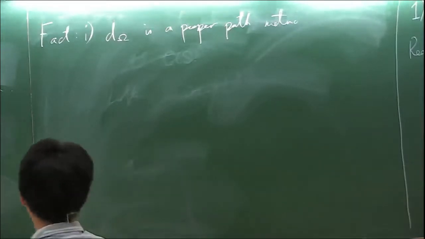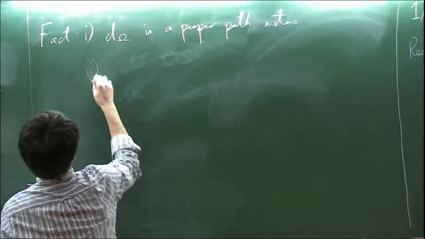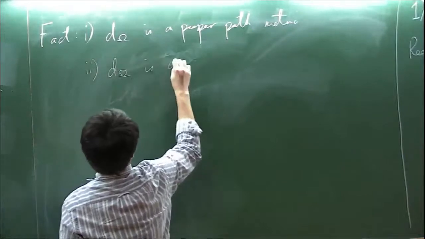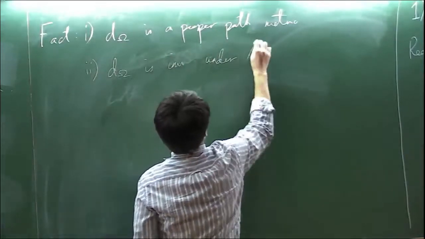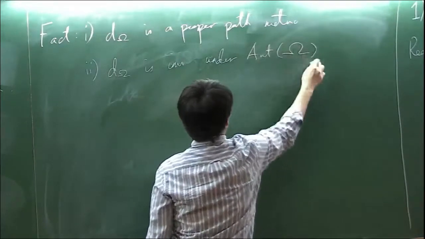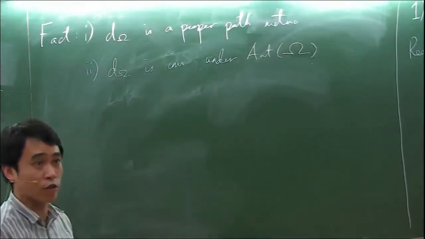Okay? And second, this metric d omega is invariant under the automorphisms of omega. And this is a consequence of the projective invariance of the cross ratio.